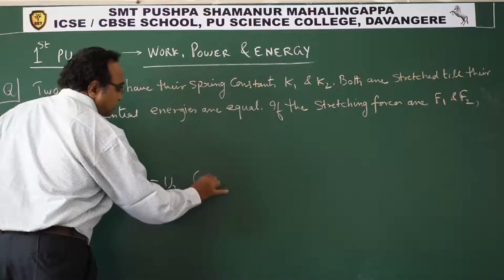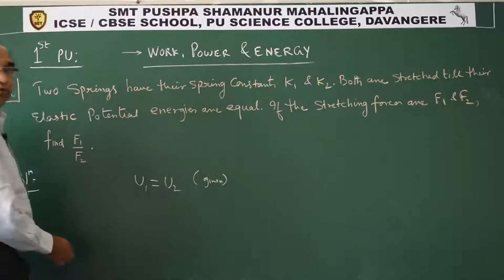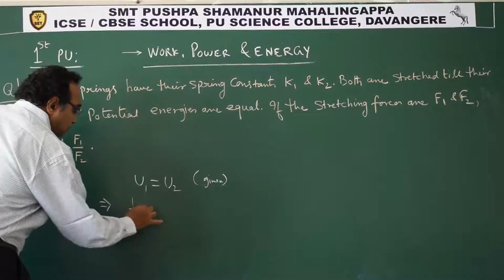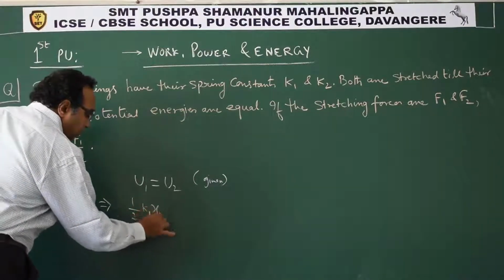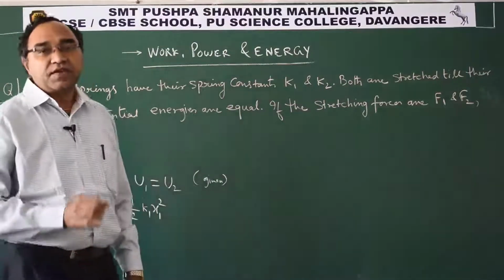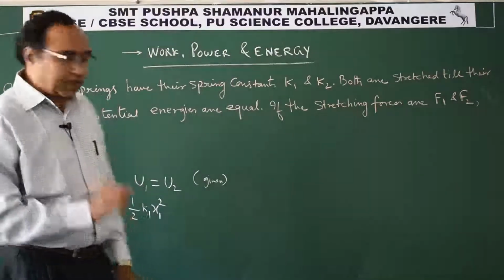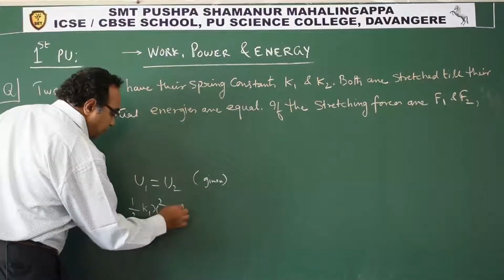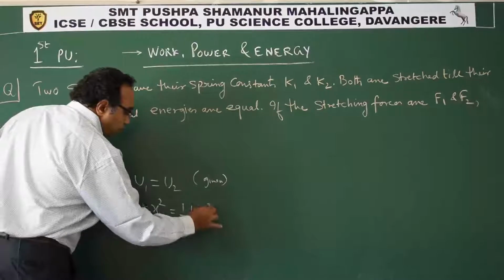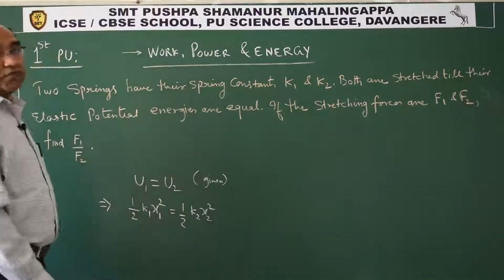This is given. So U1 can be said as half K1 x1 square. We know elastic potential energy that gets stored in a spring is half kx square. So half k1 x1 square equals half k2 x2 square. This is what we get.